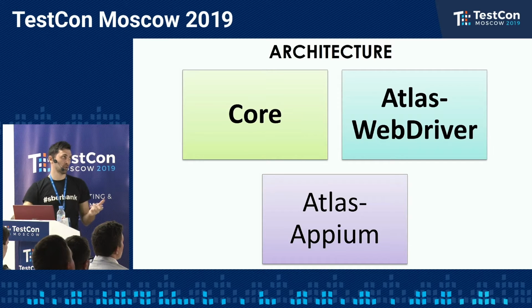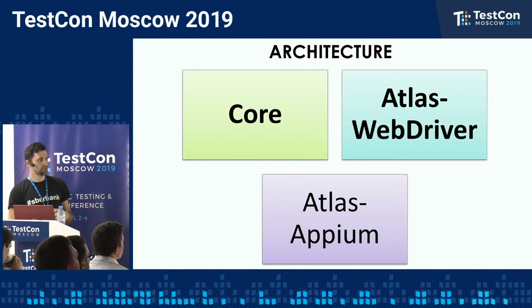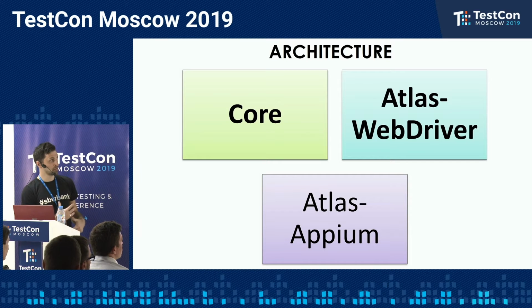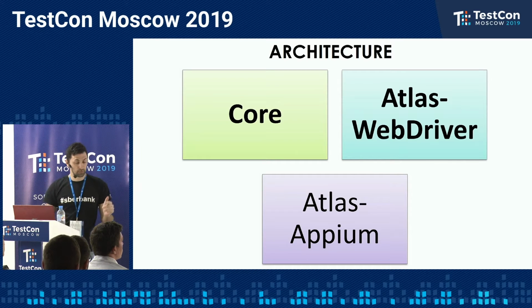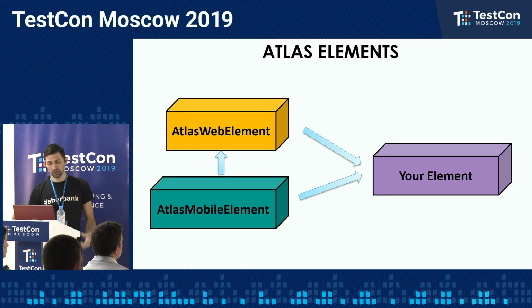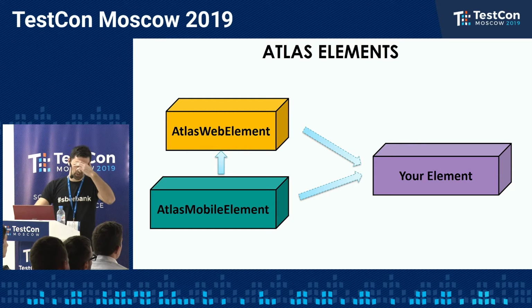And there's also an Atlas WebDriver module. It's a wrapper for WebDriver, with some nice perks that I've been talking about. And Atlas IPM is a wrapper for standard IPM.